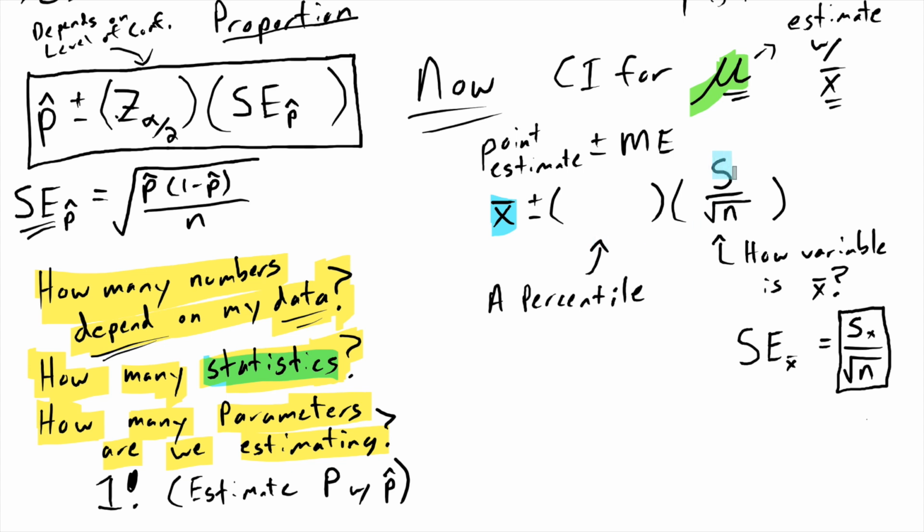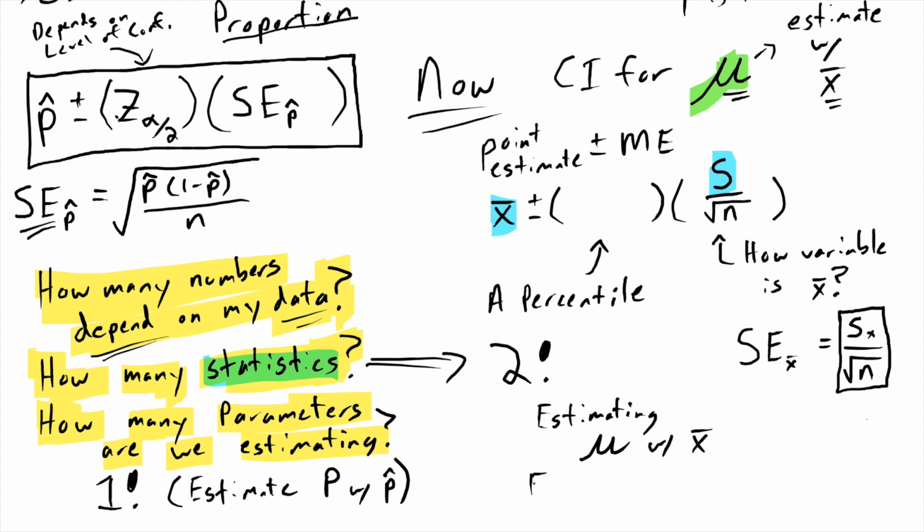But we do have the sample standard deviation. How many statistics are being used in this formula, this confidence interval for mu? There's actually 2. We have to estimate the population mean with the sample mean, and then we also have to estimate the population standard deviation with the sample standard deviation.